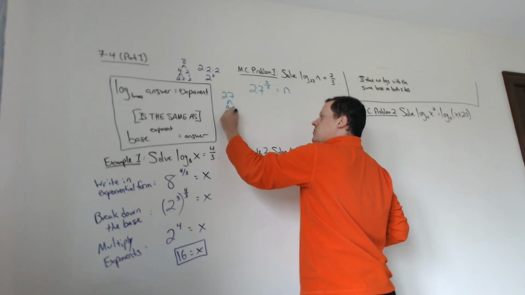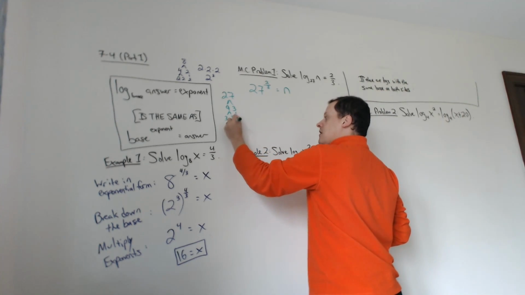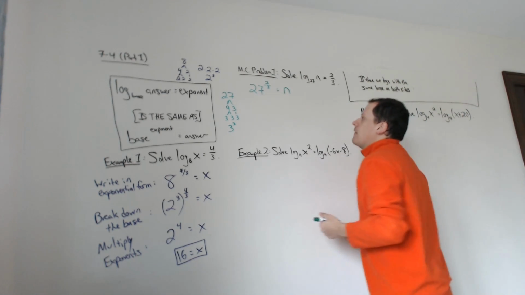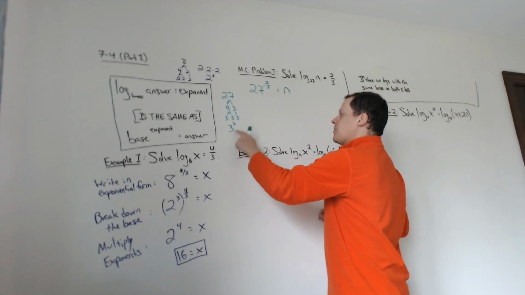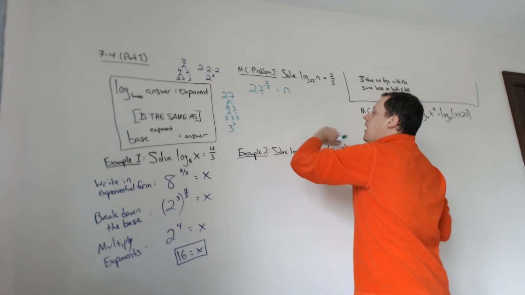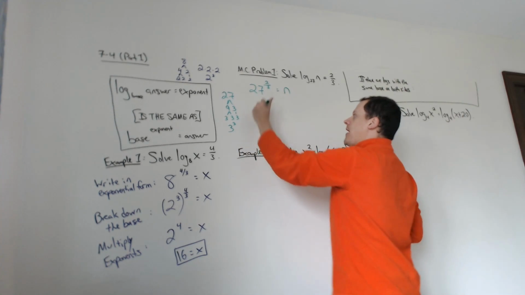And the 9 is 2 3s. So 27 is 3 to the third power. It just so happens that it's a number to the third power, just like this was 2 to the third power. So we're going to write 27 now as 3 to the third power.